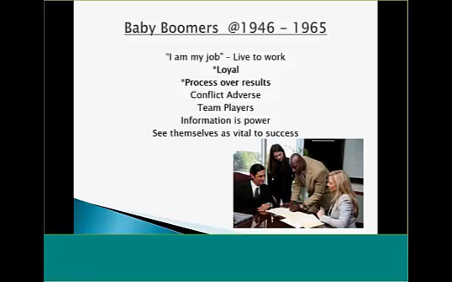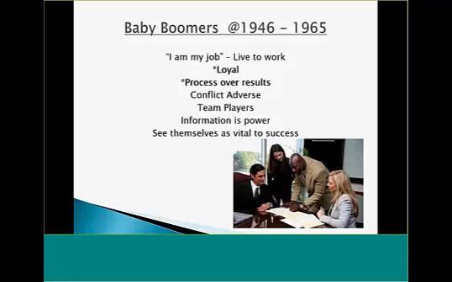There is a process to getting things done. You don't skip over the process, and you have to take things in steps. Typically, they are conflict averse. They try to avoid conflict. And here's where we're going to start the conversation about teamwork and team players versus individuals who are much more interested in not being a team player and paying attention to themselves.